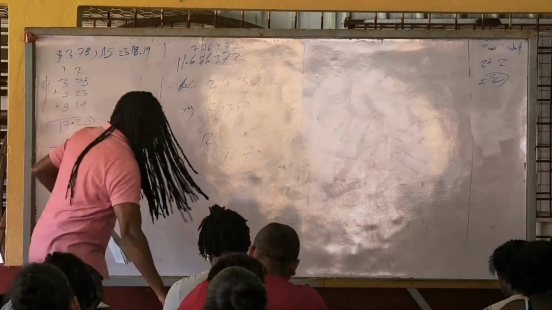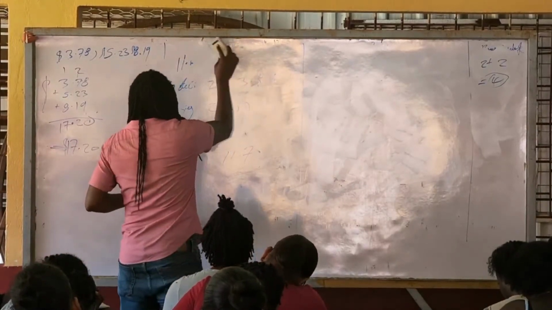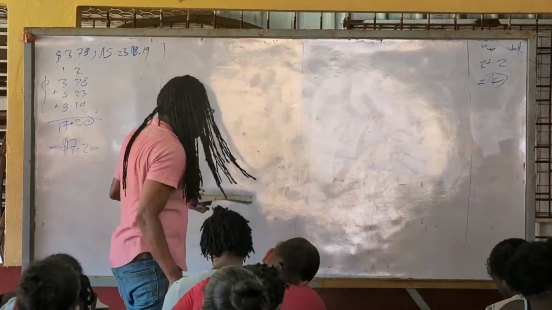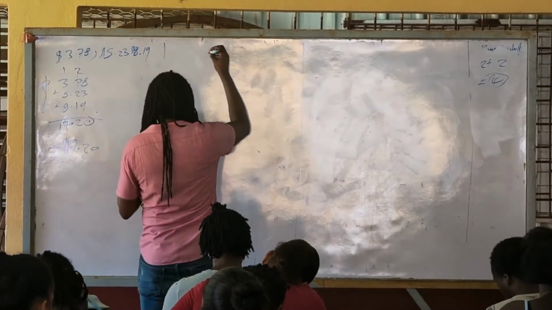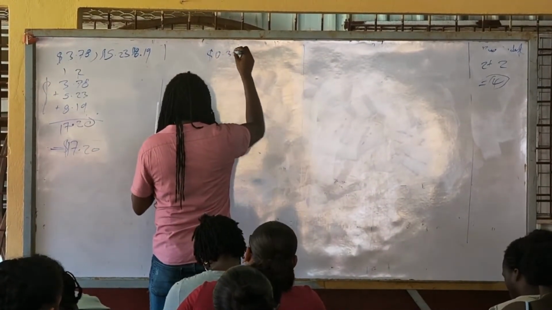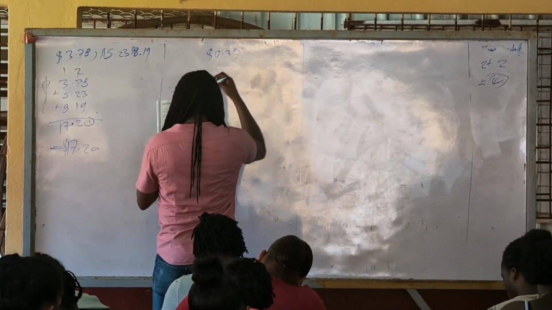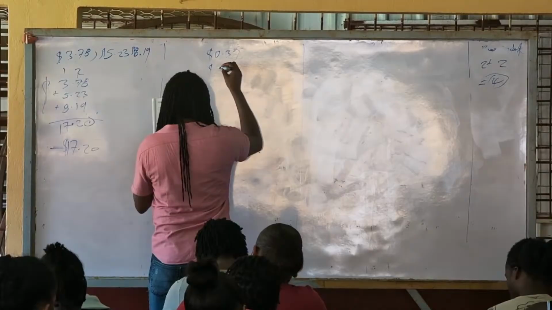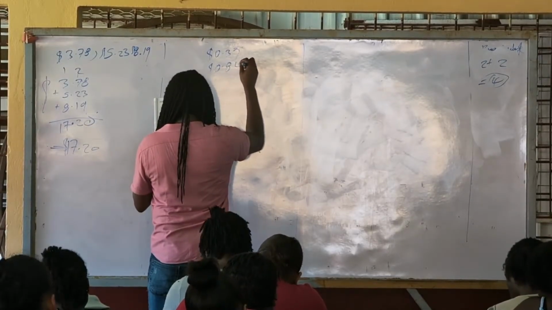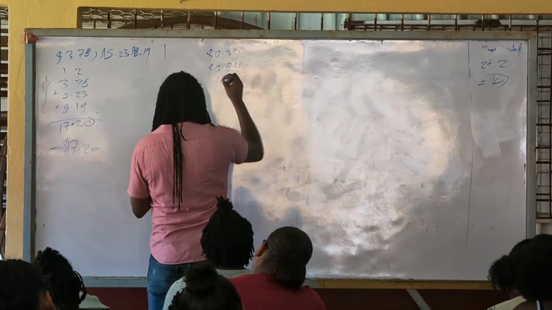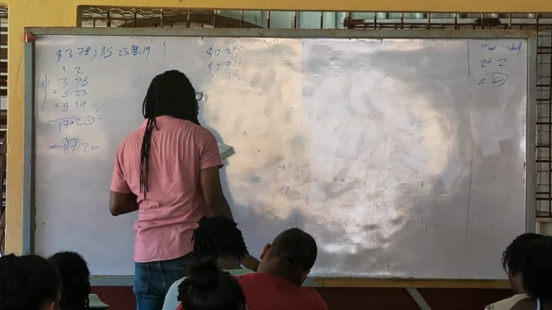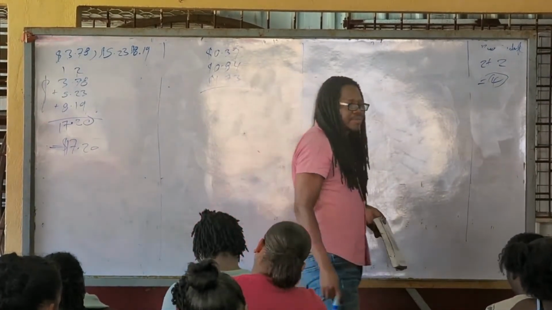Stacy added to her savings 39 cents, 84 cents, and $1.73. How much did she have in her savings?